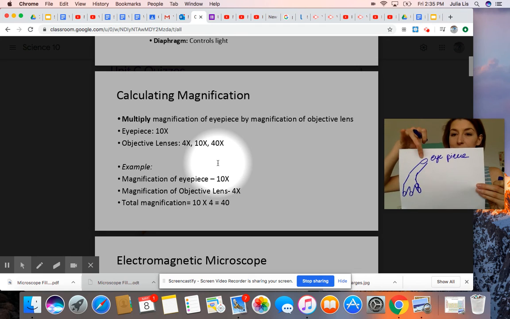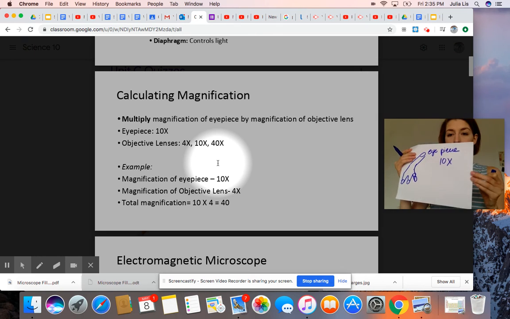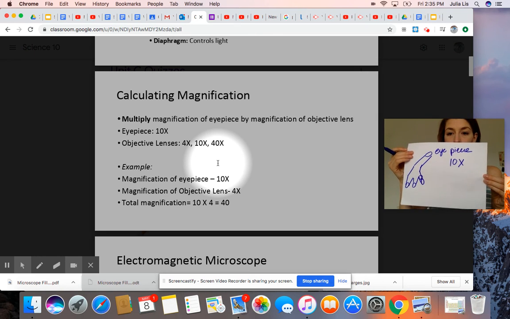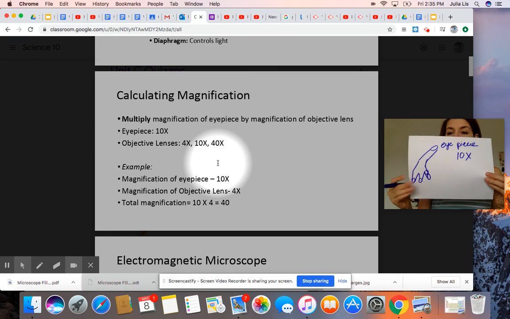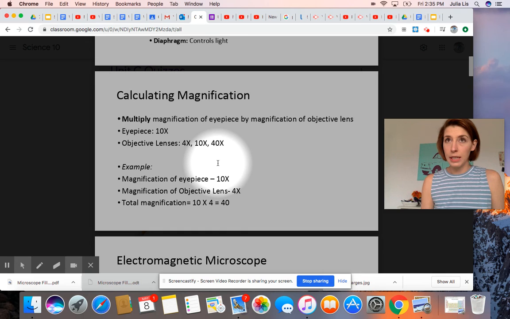The eyepiece up here, if you were looking through it, the eyepiece magnifies an image 10 times, always. That number never changes. But then when we're looking at our objective lenses, you choose which one you're looking at.